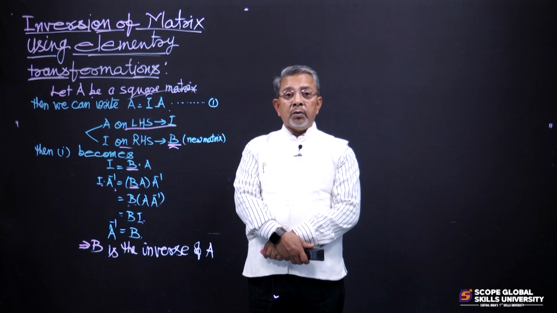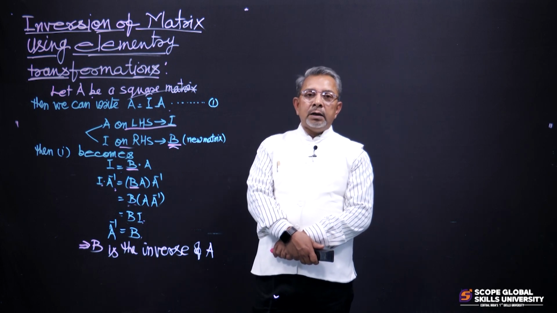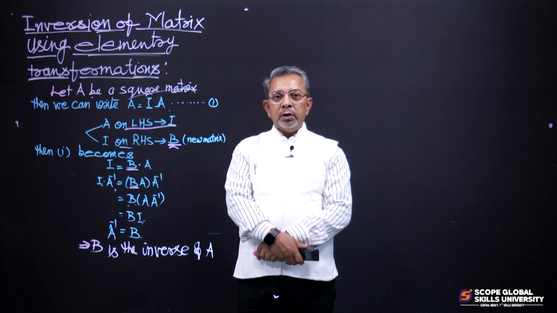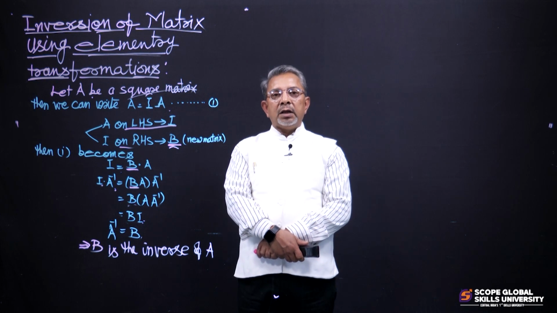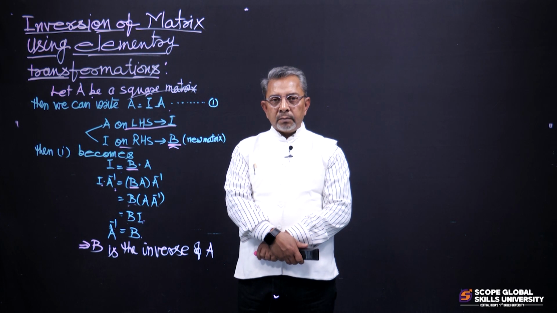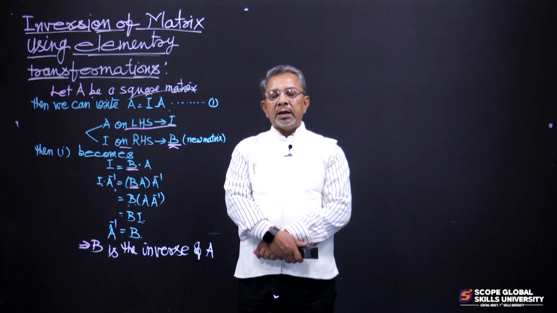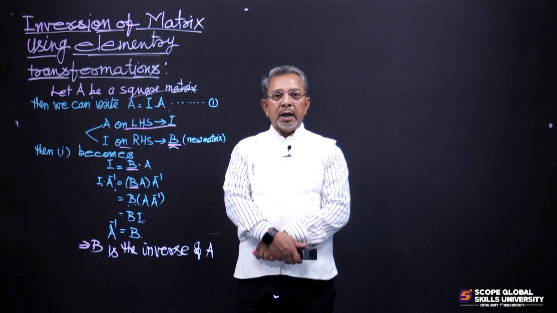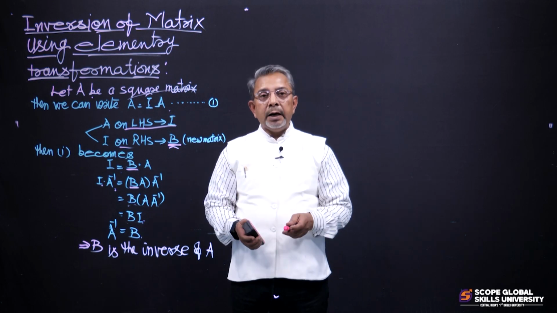I think this is our fourth lecture, and in this lecture we are going to discuss a new method to determine the inverse of a matrix. Dear friends, this method is totally different from whatever you studied in class 12th.